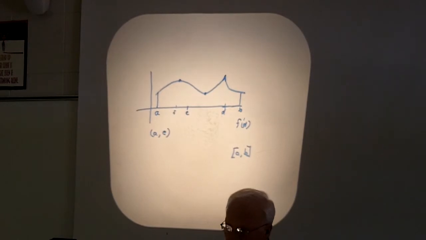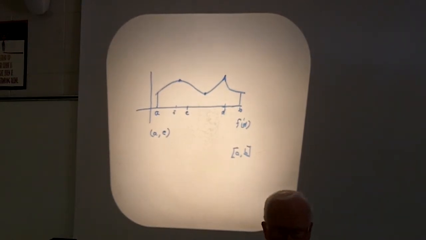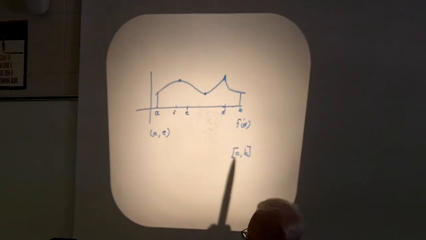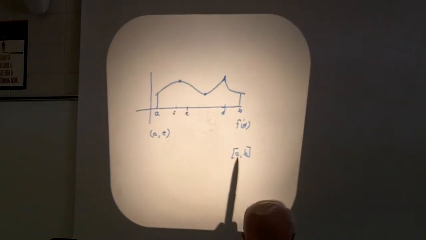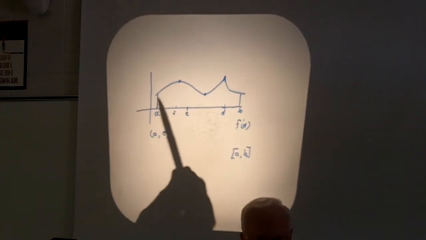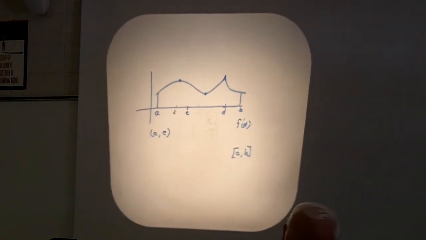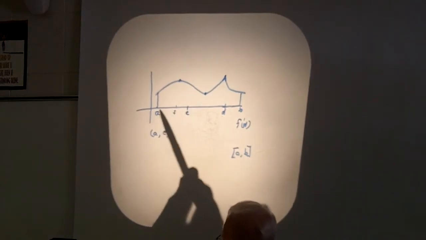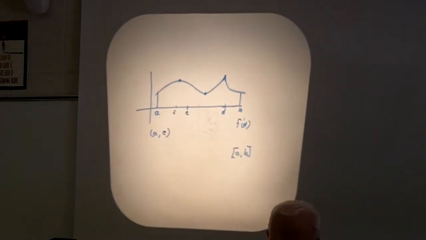Now, on the definition at the top of the next page, you're going to notice this terminology. It says, suppose I is an interval on which F is defined, and C is an interior point. It's an interior point, not an endpoint. Not all books write it this way. I'm not used to using the word interior point, but it works fine. It's in this open interval, so we can't talk about the endpoints, but everything in between.